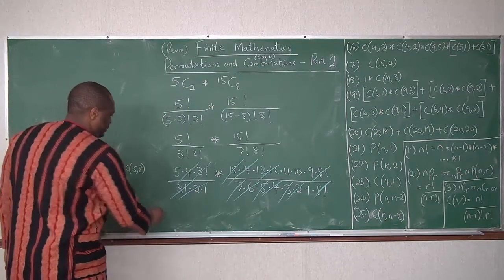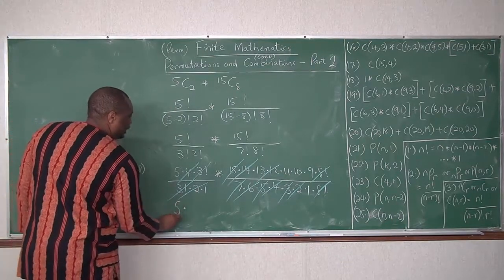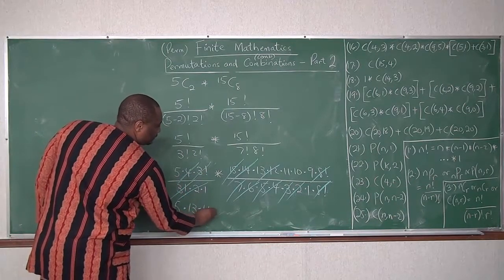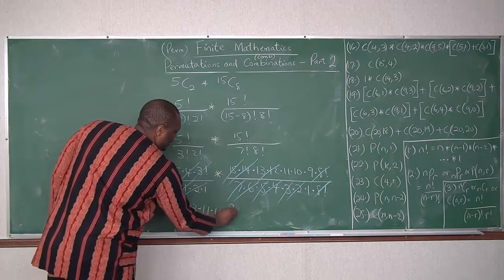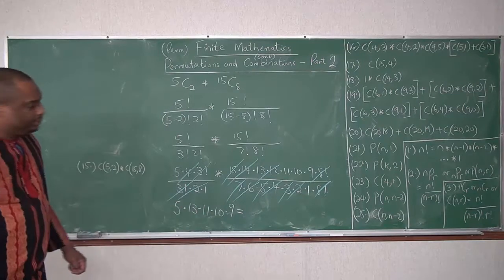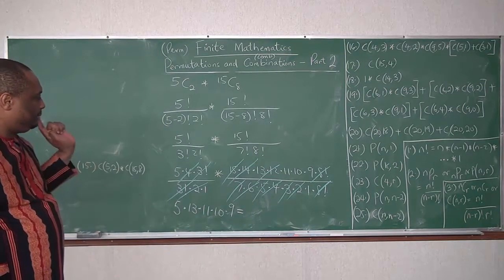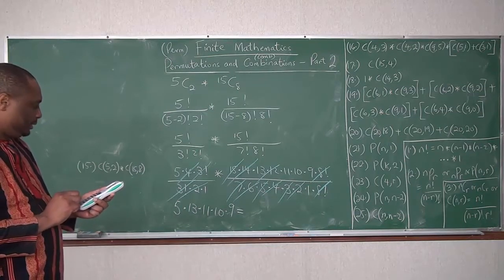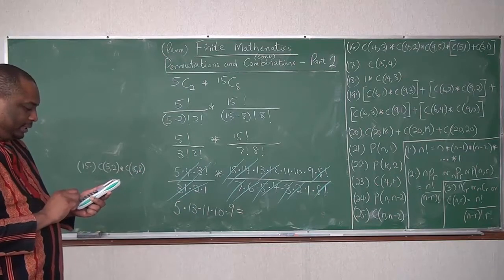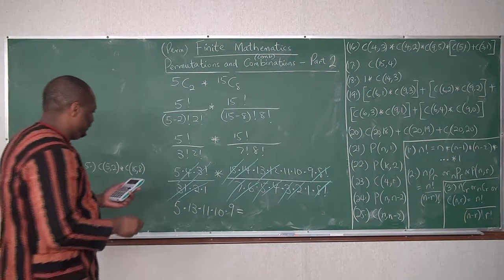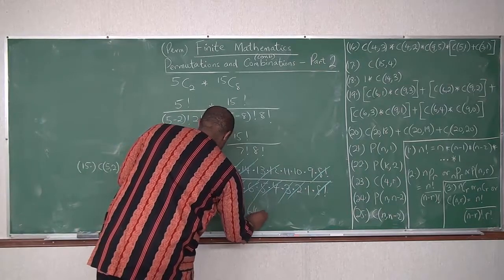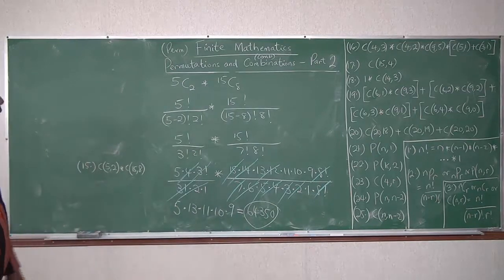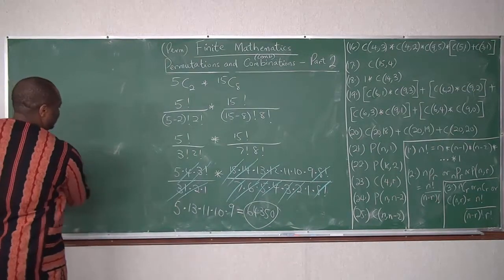So what we have now, folks, is 5 times 13 times 11 times 10 times 9, and that gives us 64350. That is for question 15.